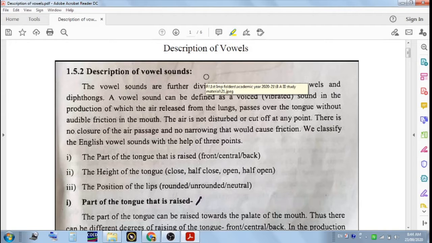In the same way, to describe the vowel sounds, we divide those vowel sounds into two categories, the pure vowel sounds and diphthongs, that is the combination of two vowel sounds. In order to describe the vowel sounds, the three criteria are basically used.